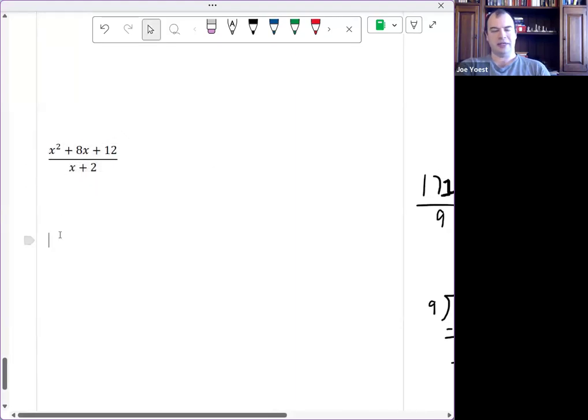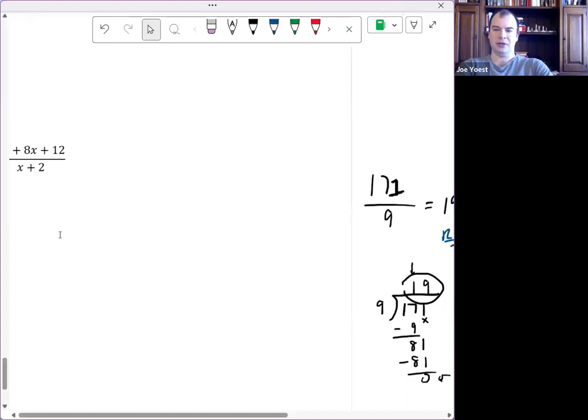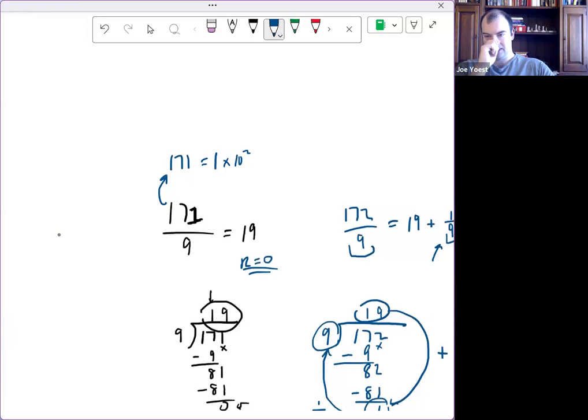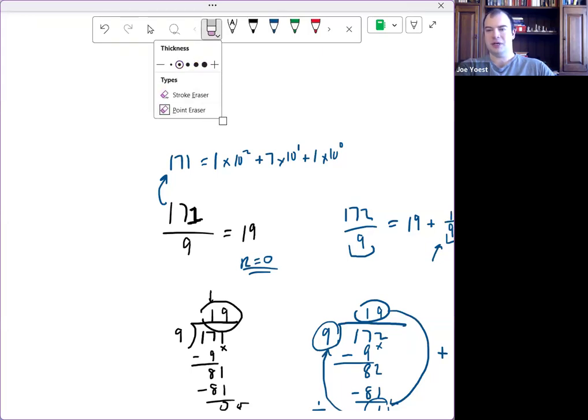How do we apply this? How do we adapt this process for polynomials? Interestingly, we can do almost exactly the same thing for polynomials. If I think of something like 171, well, 171 is just basically 1 times 10 squared plus 7 times 10 to the first plus 1 times 10 to the 0, or typically we would just write that as 1 times 10 squared plus 7 times 10 plus 1.